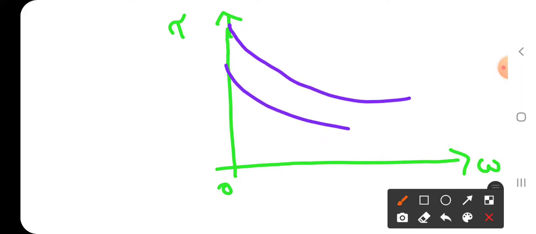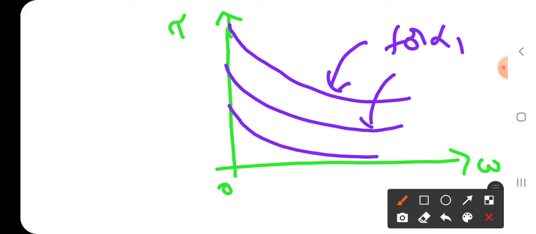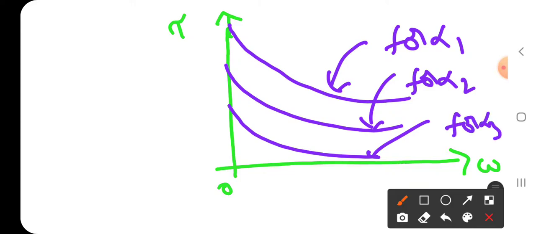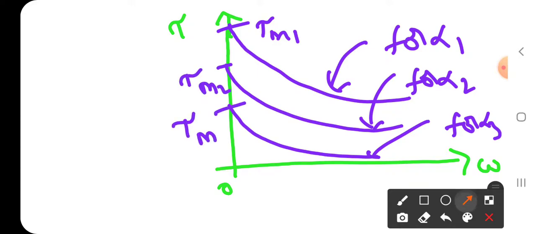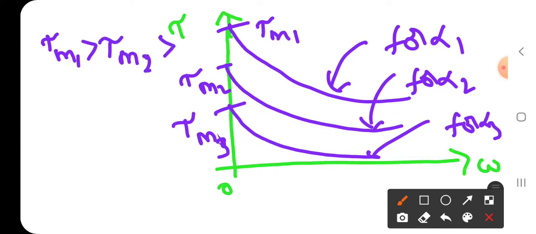This is for alpha 1, alpha 2, and alpha 3, with tau max 1, tau max 2, and tau max 3. We know tau max 1 is greater than tau max 2, which is greater than tau max 3.